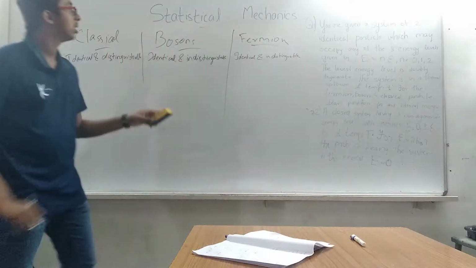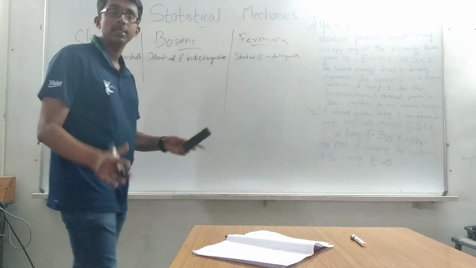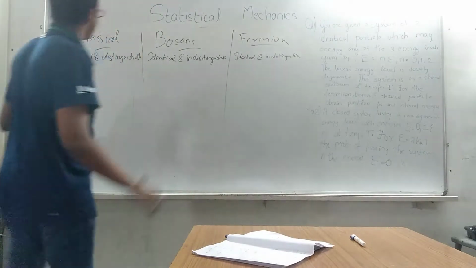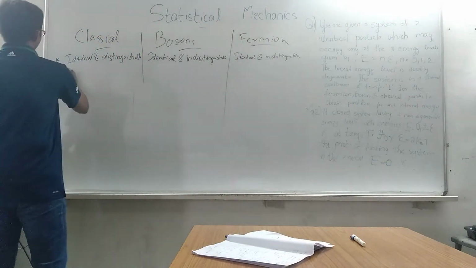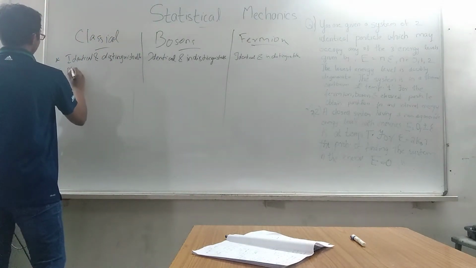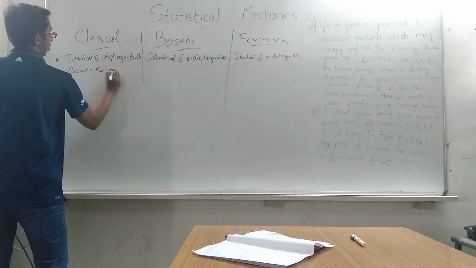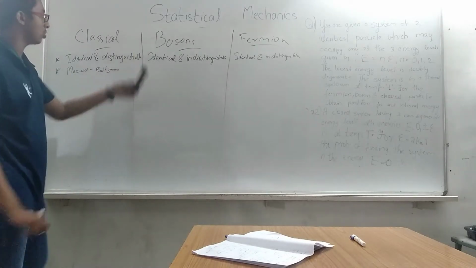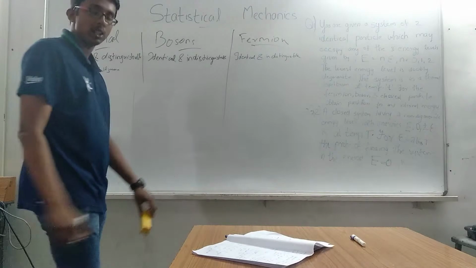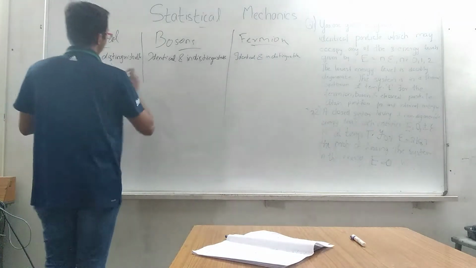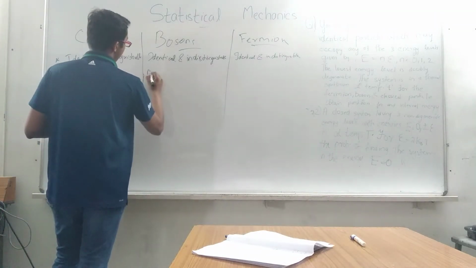And we said that these three obey three statistics. The first one is the classical particle, which obeys Maxwell-Boltzmann statistics. The second one, bosons, obey Bose-Einstein statistics. From the name you can say it obeys Bose-Einstein statistics.